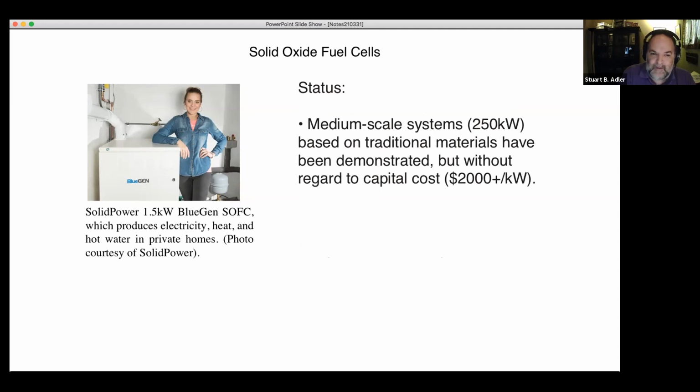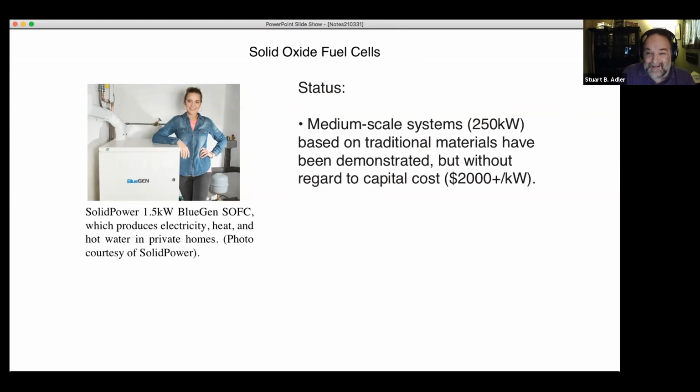If you look back at the last 35 or 40 years of research in solid oxide fuel cells, a lot of it was sponsored by the Department of Energy and focused on large-scale power generation. For years, that was the main focus. It was all about efficiency and trying to bring the cost down into the range where it could be competitive with advanced turbine cycles, which are also large scale.